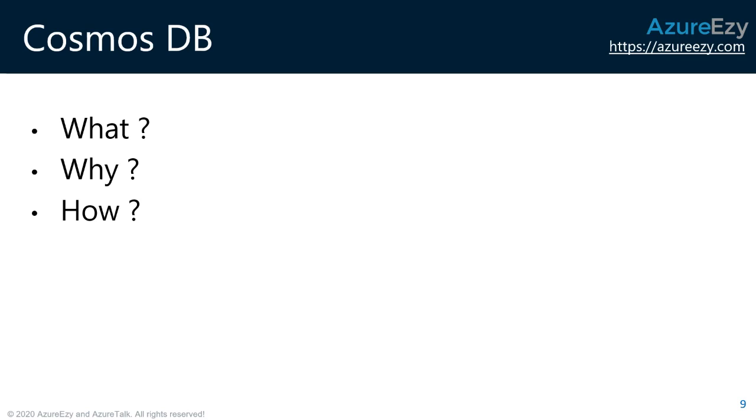Cosmos DB is a fully managed service and has a kind of serverless architecture. It is an example of database as a service where you do not have to set up the database server or manage it. Instead, you just get an endpoint for your application to utilize.